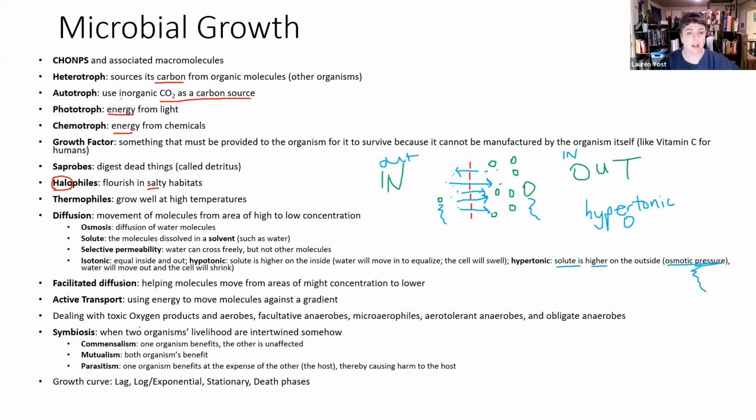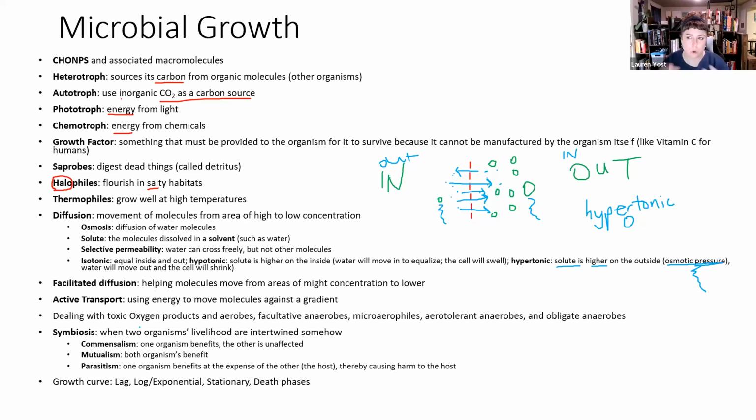All right, facilitated. So we know we have selective permeability and the water can move back and forth in these membranes surrounding the cells. Well, what if we need to move the green blobs in and out?